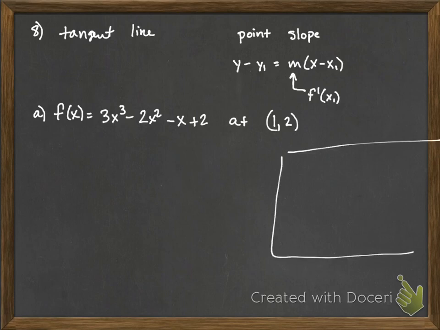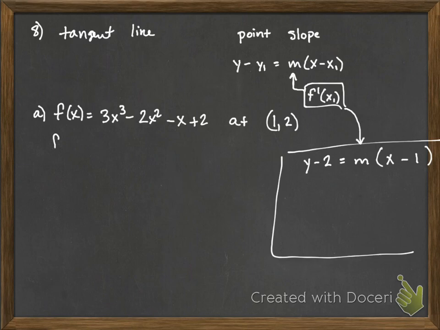I'm going to use that. This is our equation that we're eventually going to get to. It's y minus 2 equals m. We haven't found that yet. We need the slope of that tangent line at that point. We have x minus x1 is 1. Okay, so we need to find what f prime at x1 is. That's going to give us my slope m to plug into this equation.